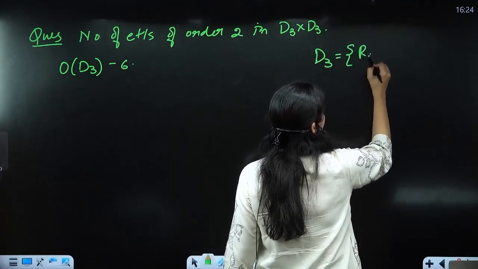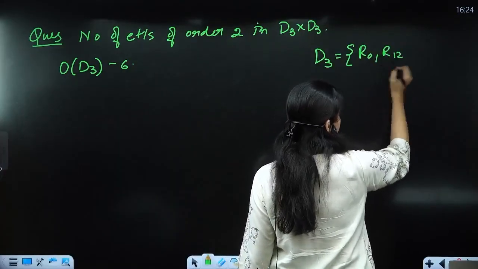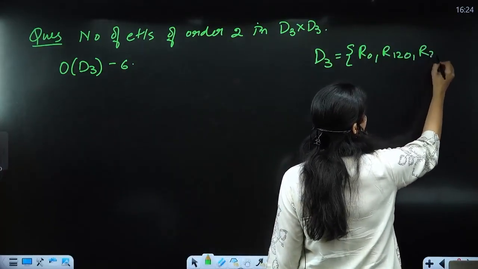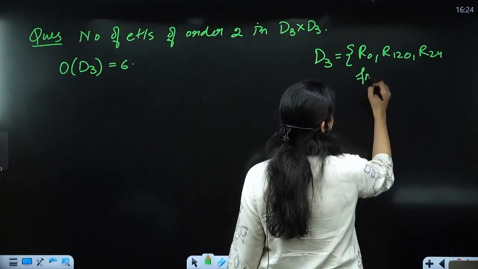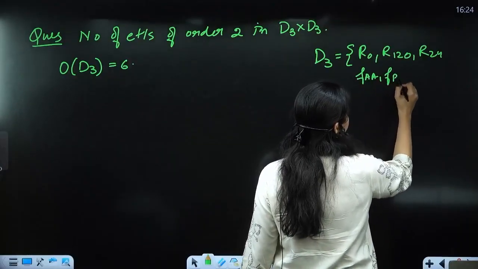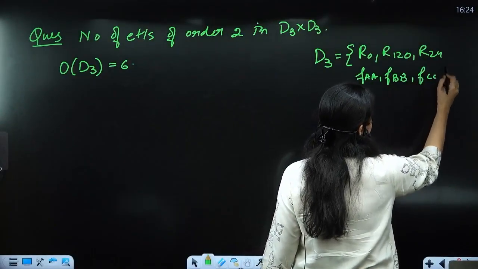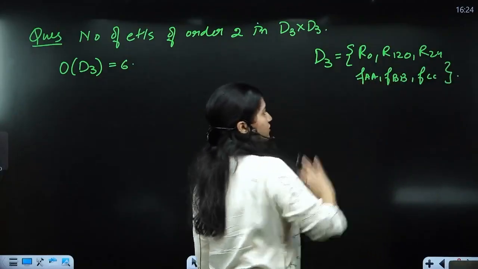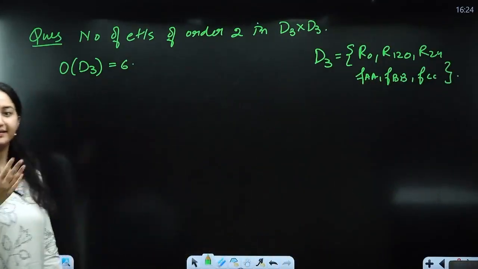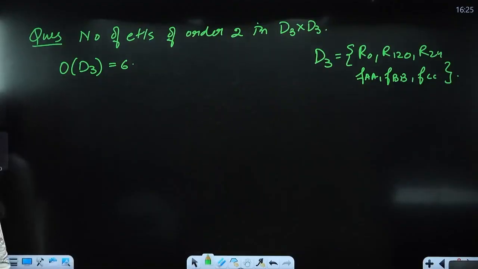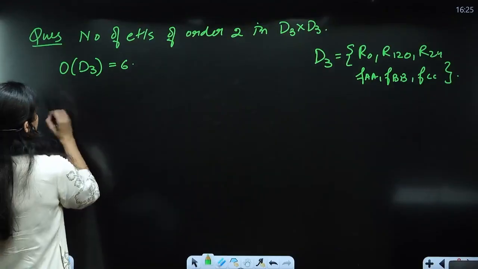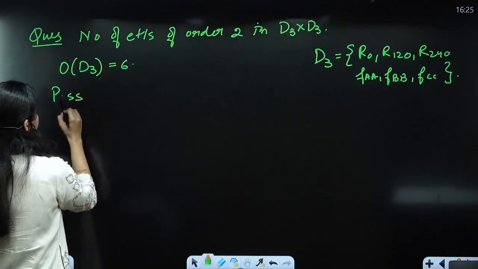D3 is your R0, R120, R240, then you have FA, FB, FC, right? Where you have elements of order 2 and 3, but not any element of order 6. Now, possible orders.